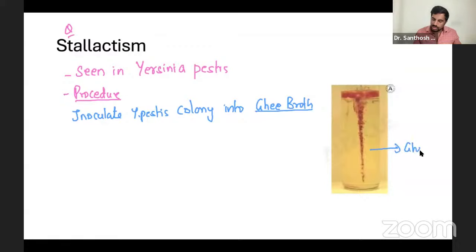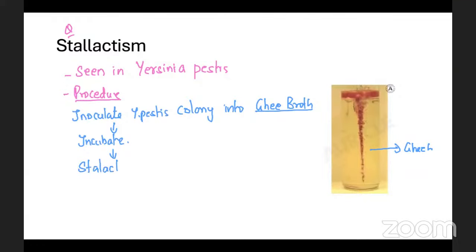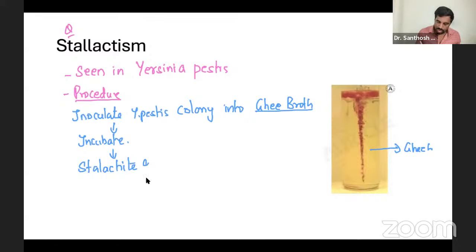You inoculate and incubate it. Overnight incubation you can do. And after incubation, what happens next? You see a growth called stalactite growth. So what does this stalactite growth mean? This is stalactite growth.